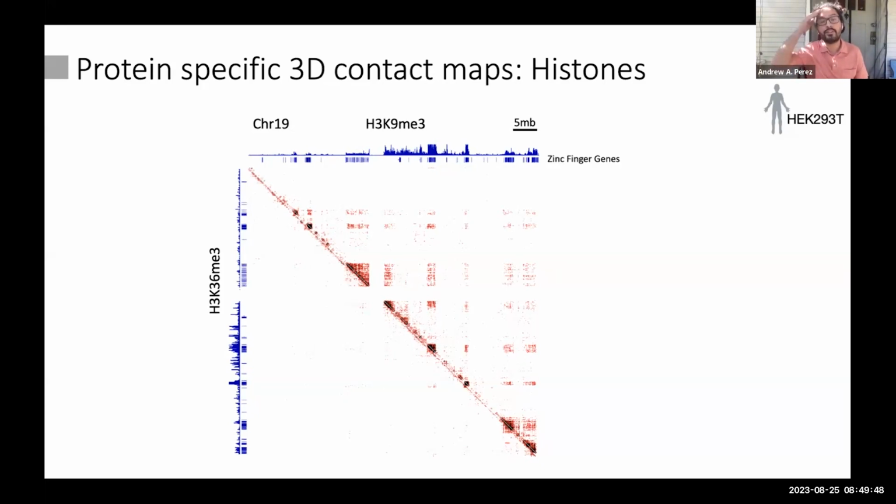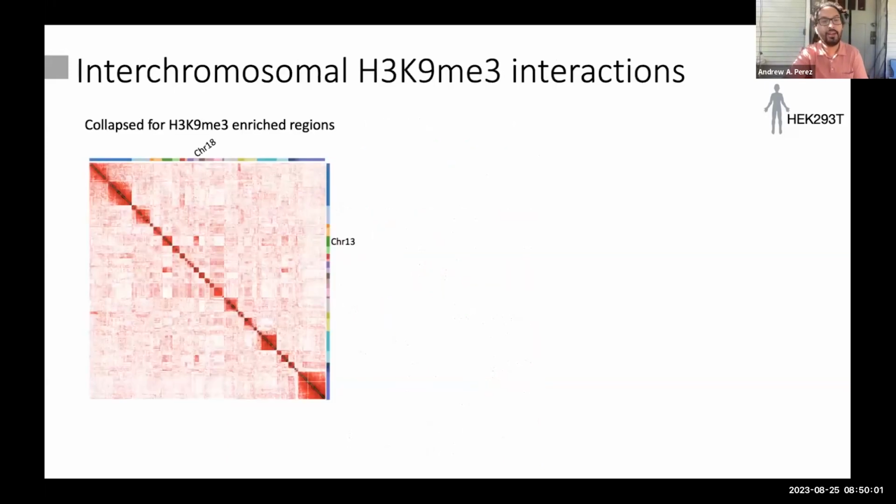And we wanted to see, okay, this entire chromosome is interacting with itself at zinc fingers. Are other chromosomes interacting with each other when you look at H3K9 trimethylation marks? So we collapsed the genome down into H3K9 trimethylation enriched regions, and we can see many off-diagonal examples of interactions between chromosomes, but I'm going to focus in on a single pair of chromosomes, chromosome 18 and chromosome 13.